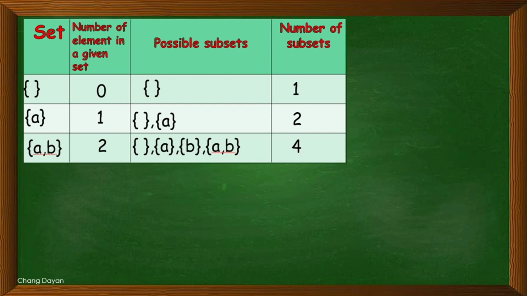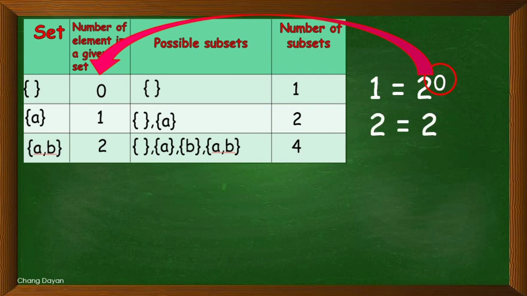Now let's see. May nakikita tayong pattern dito. So we all know na ang equivalent ng 1 ay 2 raised to 0. So any number raised to 0 is equal to 1. Saan nga ba galing yung 0? Ito ay galing sa number of elements.